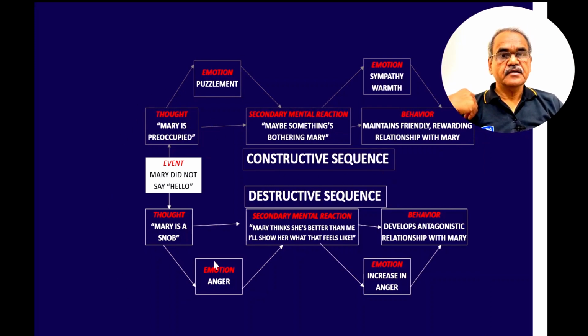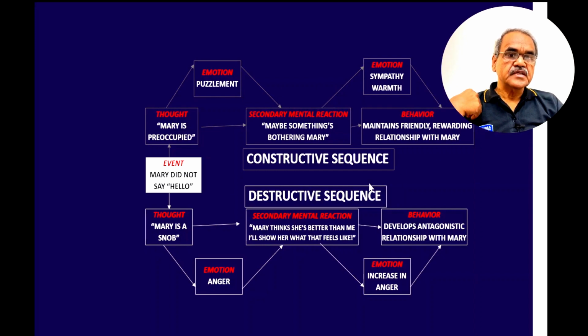So I think you must understand it is not the event but the thought that comes to your mind which will decide what kind of emotions you have, and if you have understanding of those emotions you can behave.